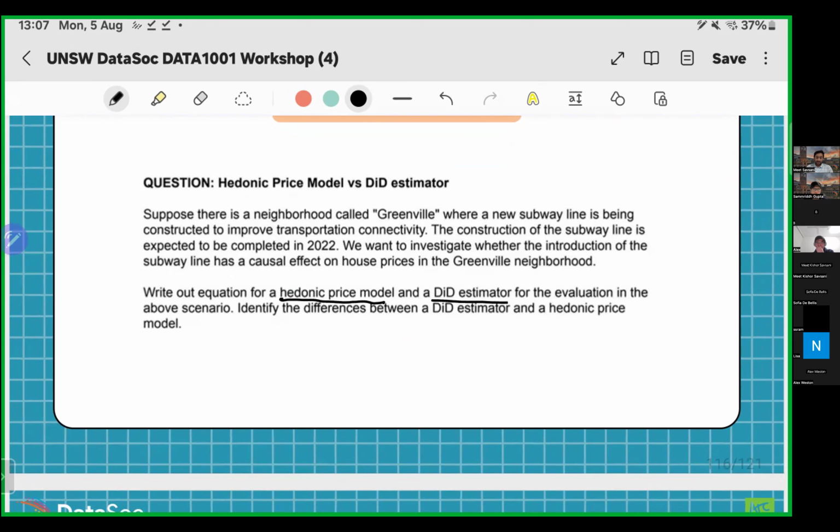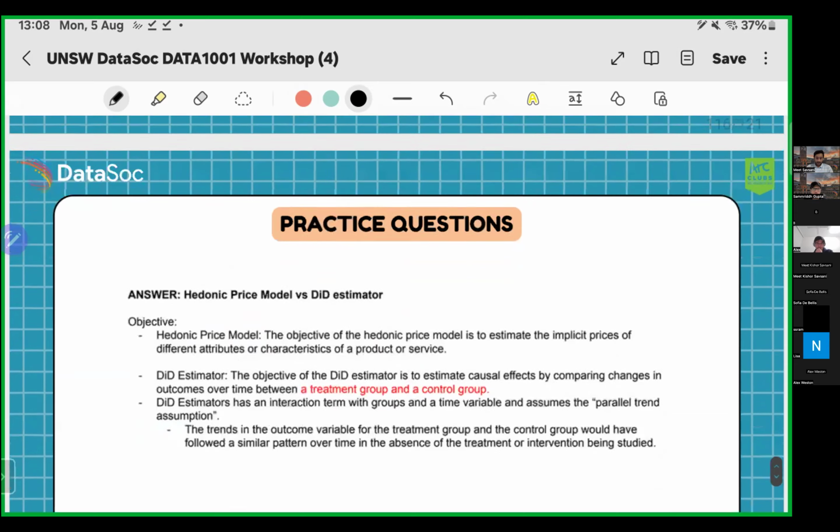So the hedonic price model is an equation which is used to calculate the price of a quantity over time.